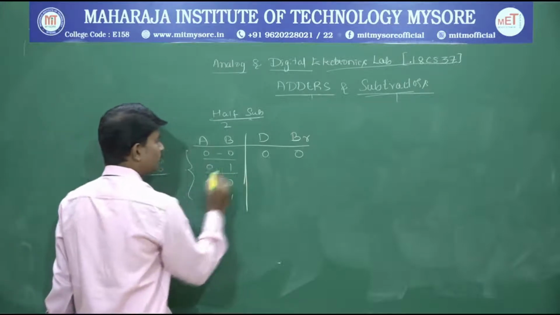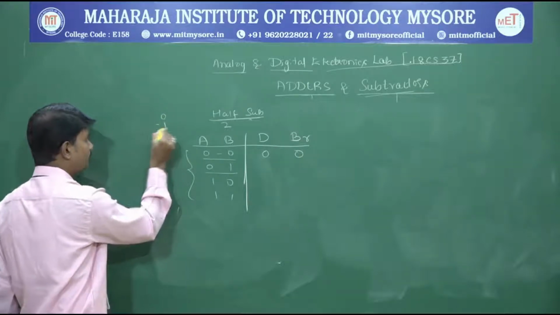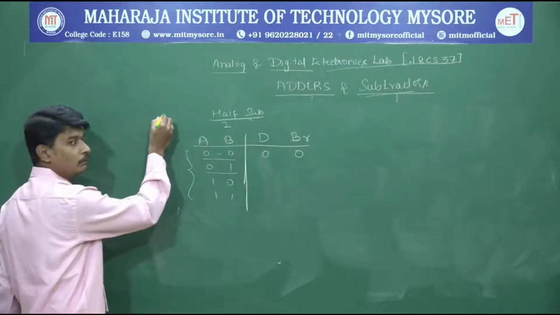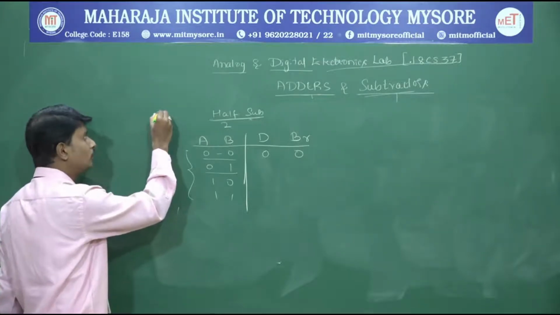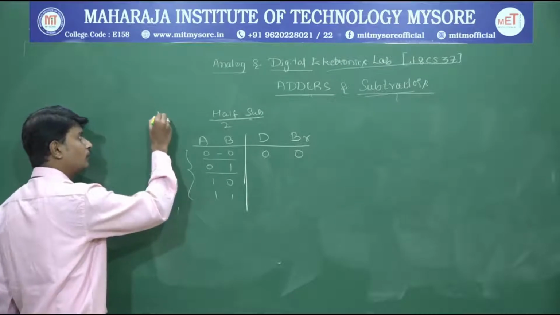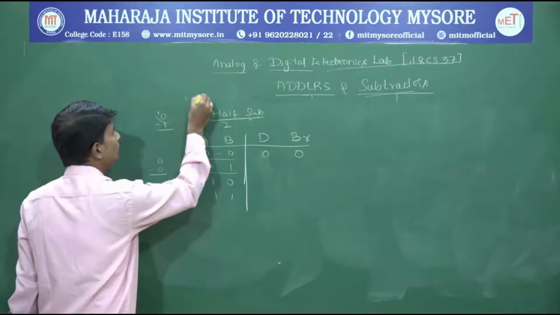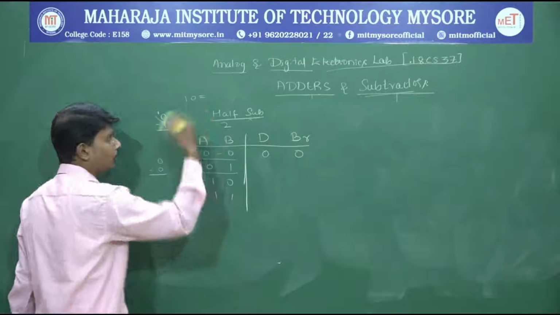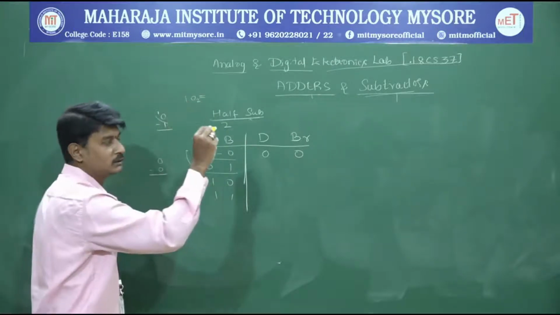Similarly, for this one, let's subtract 1 from 0. Now what happens? I need a borrow here. If I take a borrow, it becomes 1 0. Then we subtract 1 from 1 0, as we do in mathematics. As we discussed in a previous section, in the half adder or full adder section, this binary 1 0 is nothing but a 2.